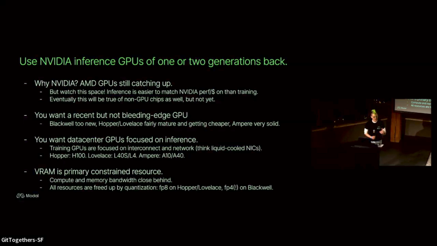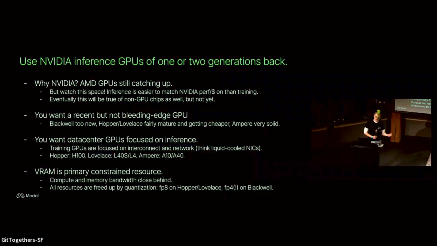There's all this stuff around the GPU, like liquid cooled network interface cards, to deliver high throughput during training. When you're running the model, you don't need that. You're just sending a couple of tokens in and getting some tokens out. You aren't passing around gigabytes of data every couple of seconds. And so you want GPUs oriented to that.